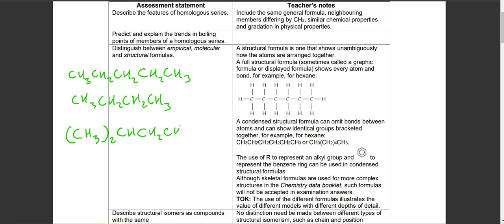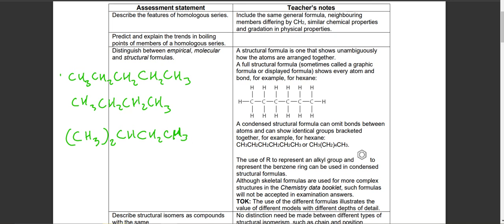So one more. All right, so I have compound number one, number two, and number three.